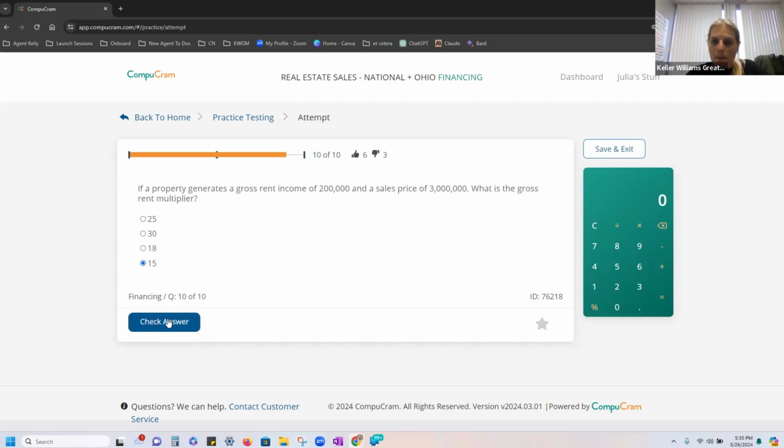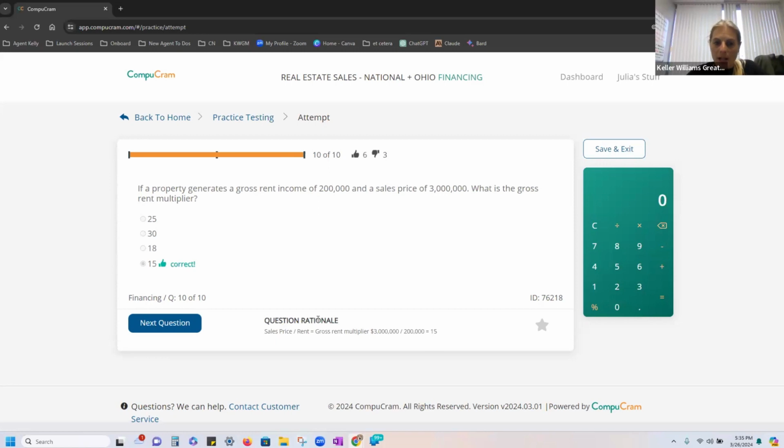We got D, and that is correct. So sales price divided by rent equals gross rent multiplier. So 3 million divided by 200,000 equals 15.